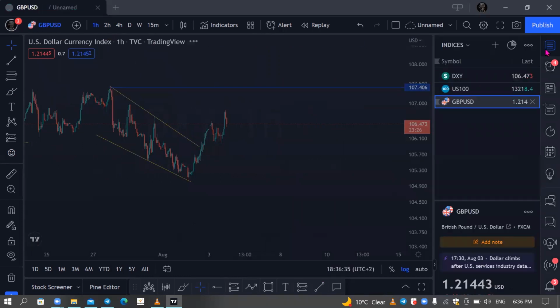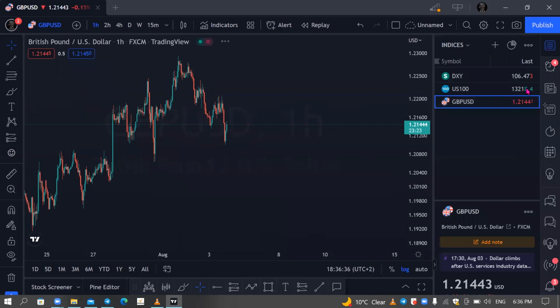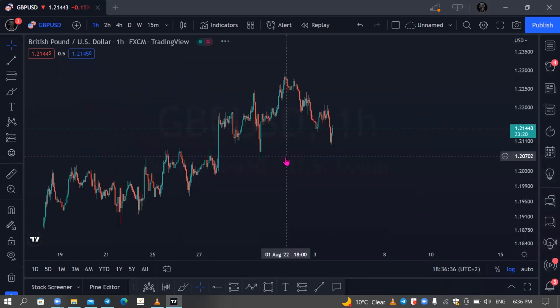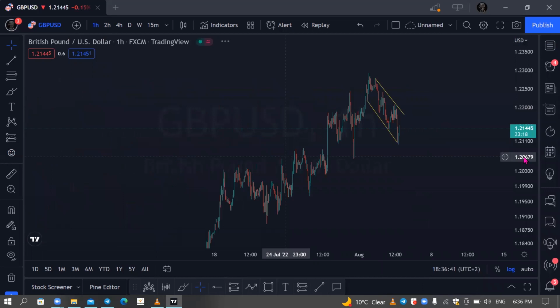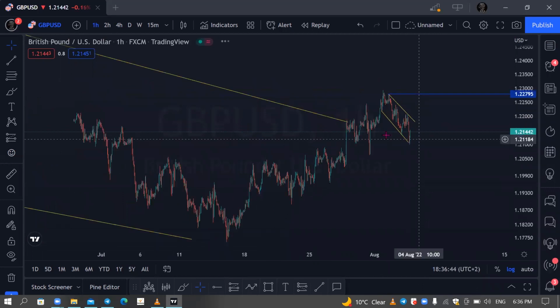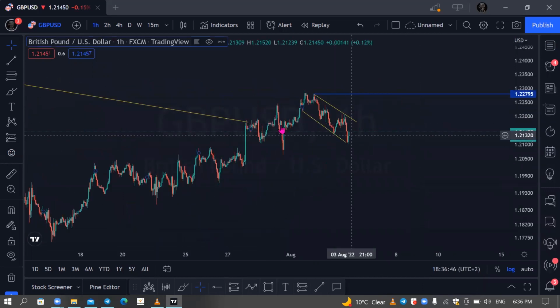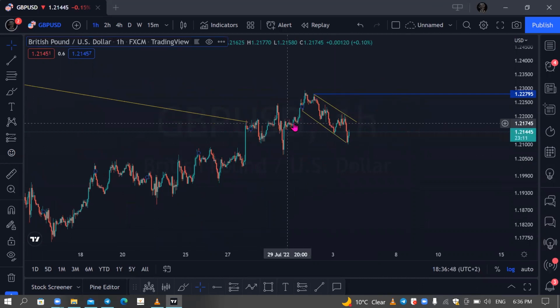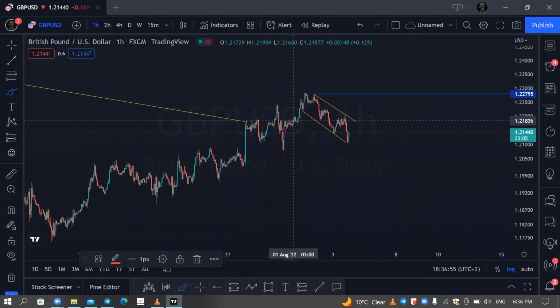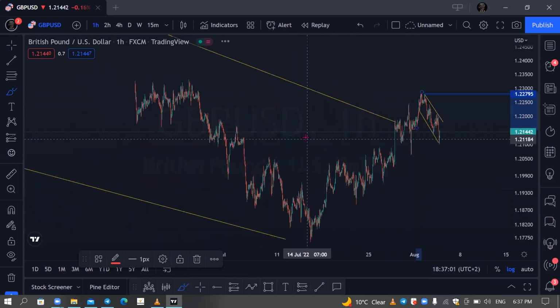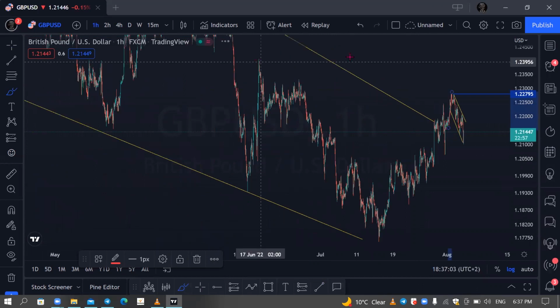GBP USD was around here, and we were expecting a correction to push to the upside, to go up until this zone right here.